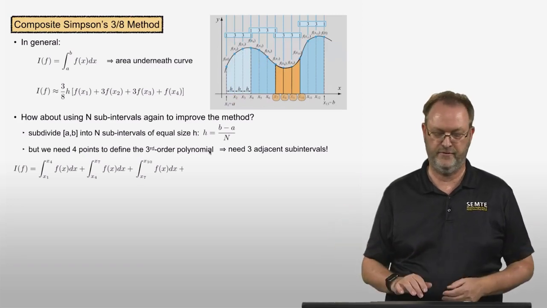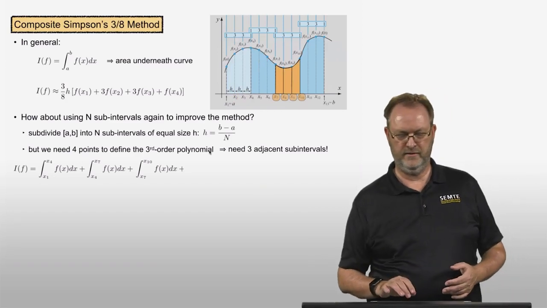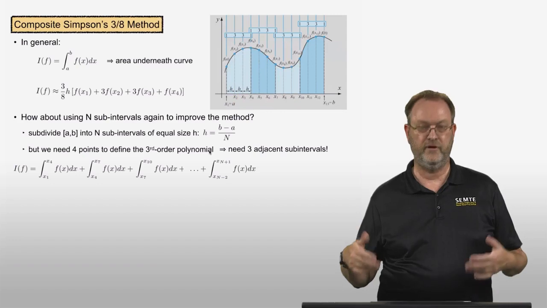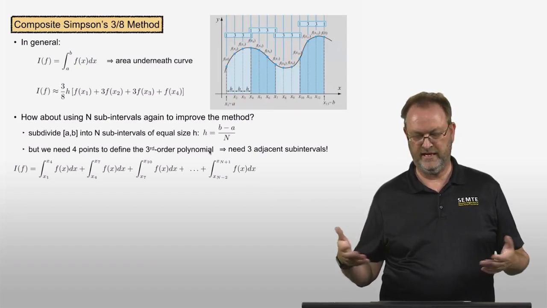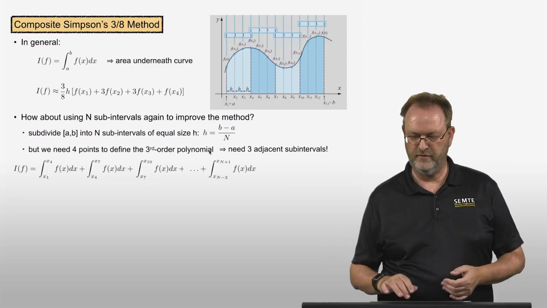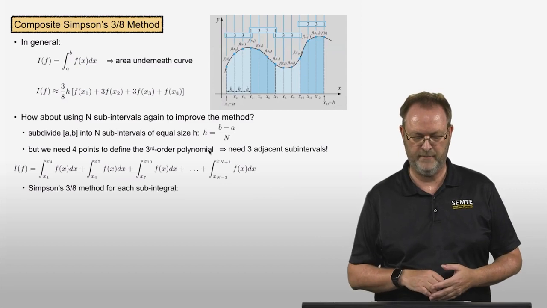That would be x7 through x10. And then finally, we will look at the ith one, which would be from x_{i-1} to x_{i+1}. But if we go over to the very last one, we would have x_{n-2} to x_{n+1}.